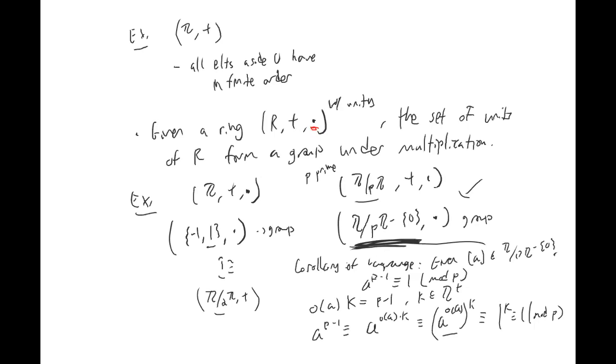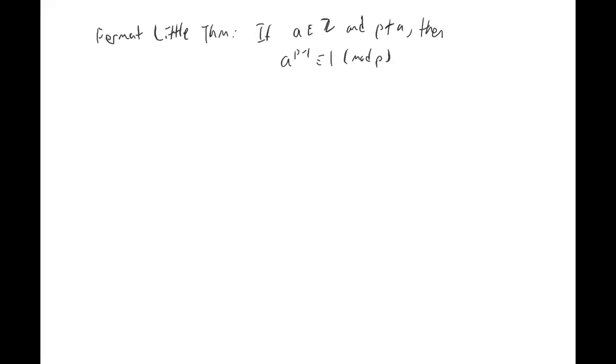Okay. So this is exactly Fermat's little theorem. There's basically a name for it. So if a is in Z and P doesn't divide a, then we have this, right? So this is just reformulating what we did like 10 seconds ago.